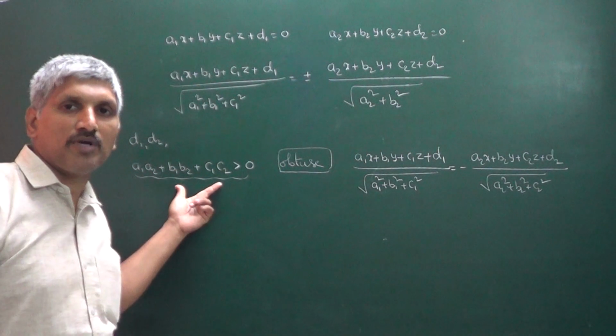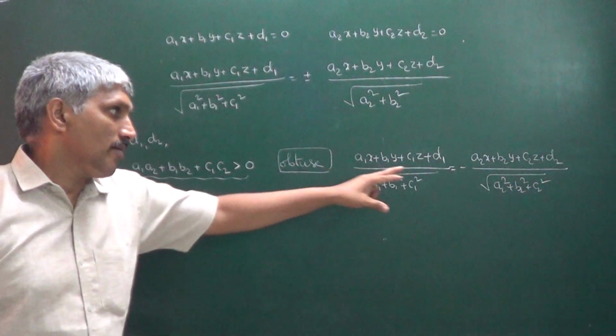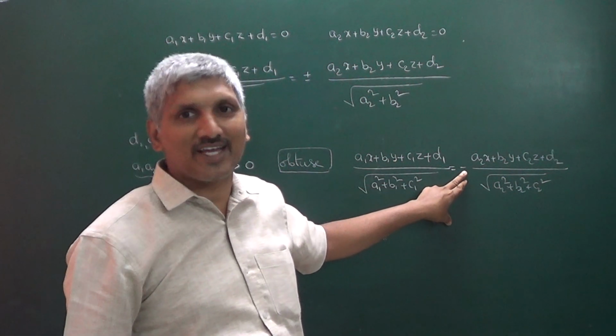If a1a2 plus b1b2 plus c1c2 is greater than 0, the minus sign gives the obtuse angle bisector which contains the origin.